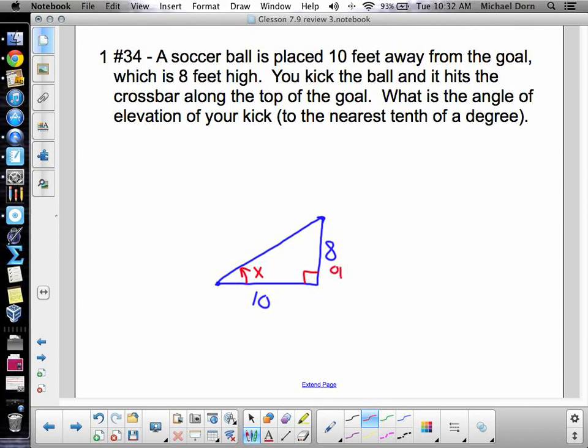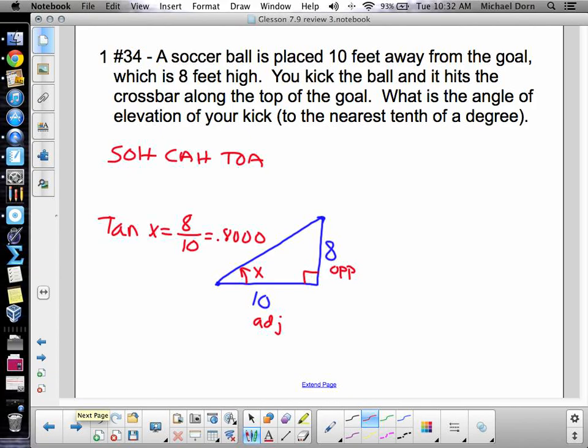Yeah, because we have the opposite side here and the adjacent side here. So if opposite and adjacent is tangent, using our SOHCAHTOA. So tangent of x is opposite over adjacent, which is 0.8000.